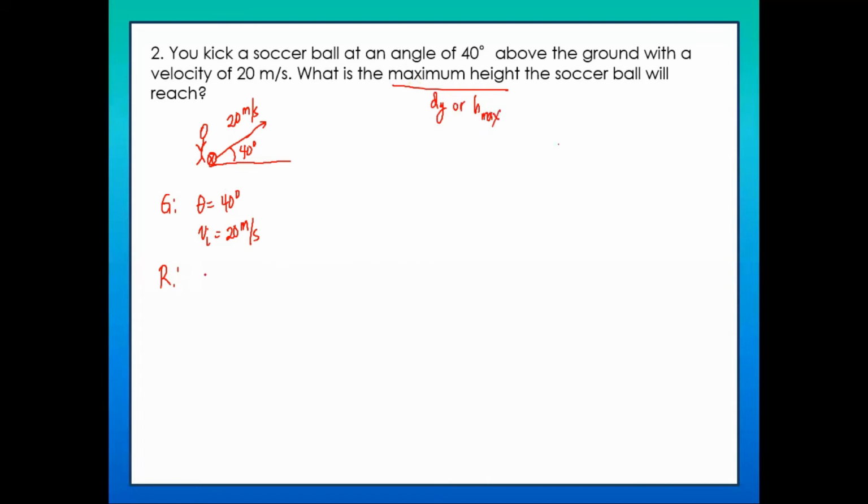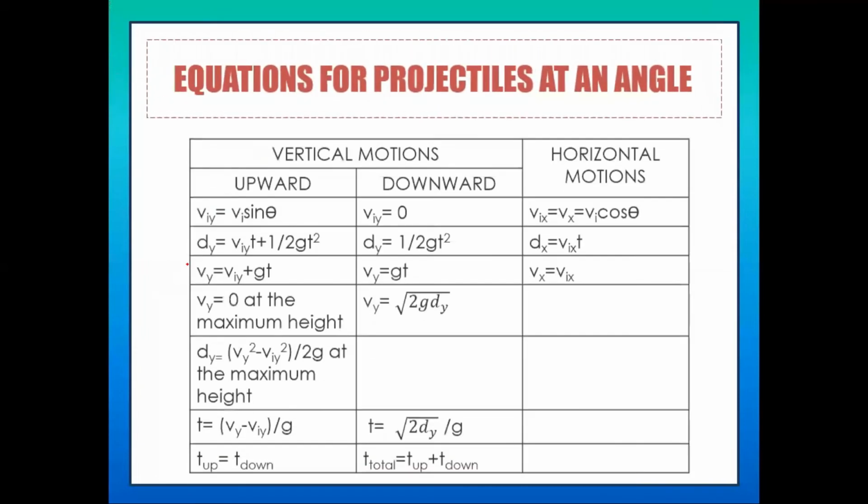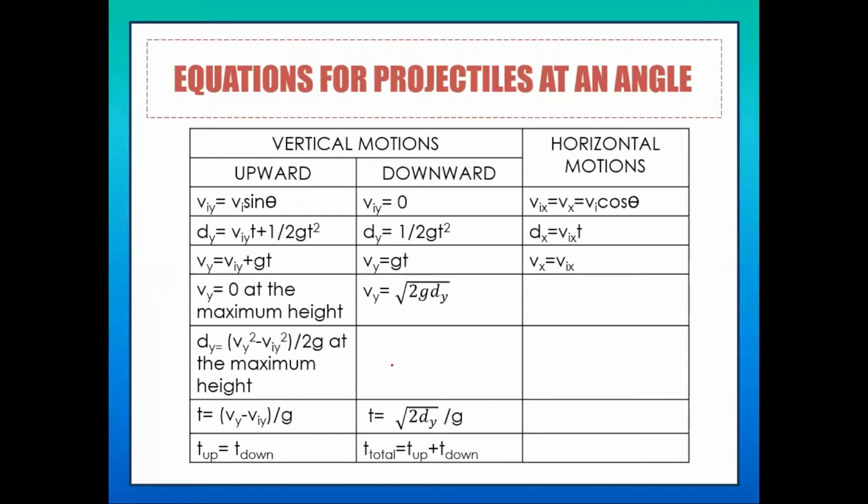Okay, so we're going to write here d sub y or h sub max. In order to solve this unknown variable, let's take a look on this table again. Hopefully yun na screenshot niya. So the table shows that in order to get the maximum height, this is the formula that we're going to utilize. Okay, so we're going to write that here again.